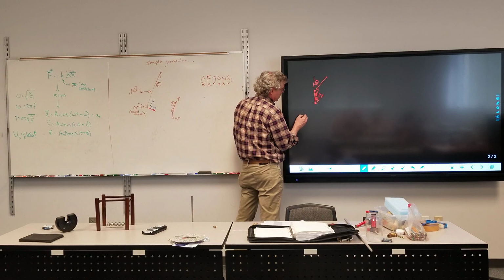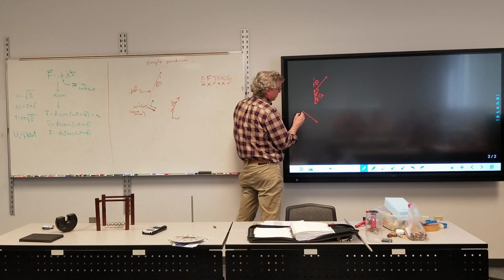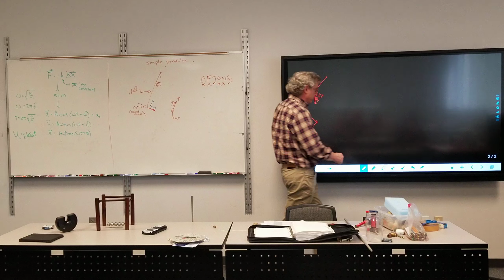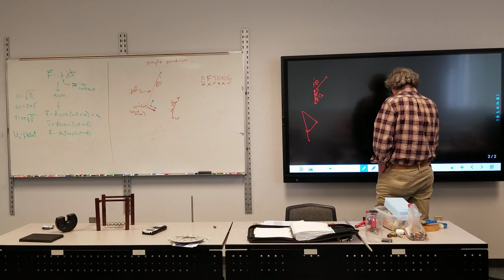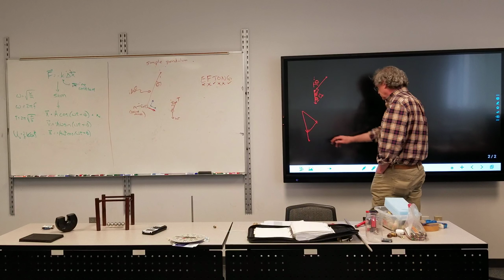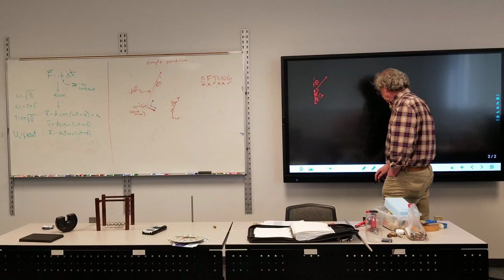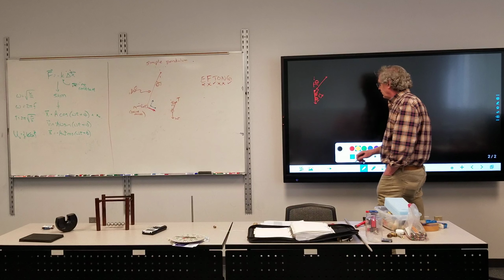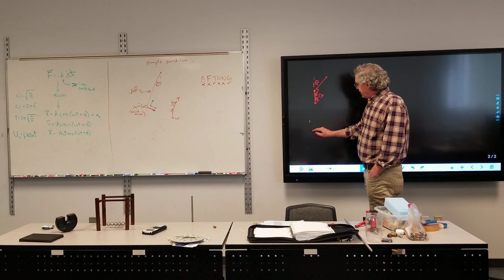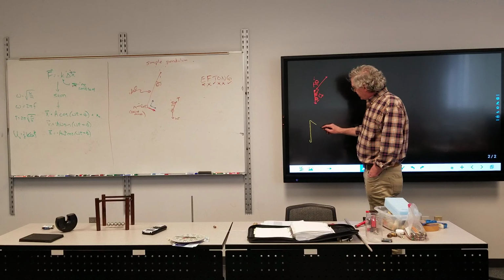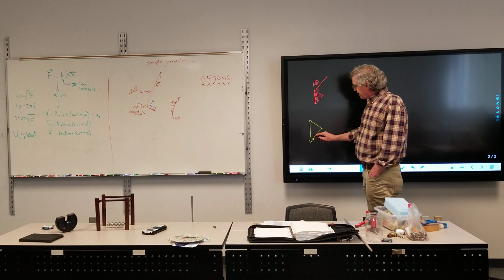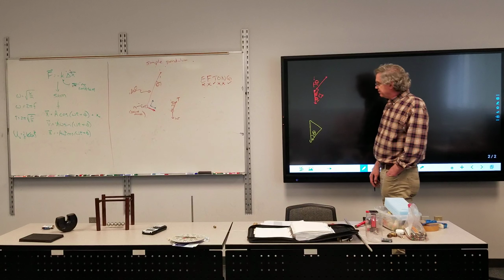So weight, we're breaking up into, oh wait, no, sorry, weight is down. Let's see if I can draw that again. So we have weight acting down, and we're breaking it up into components like that. That angle there is theta.